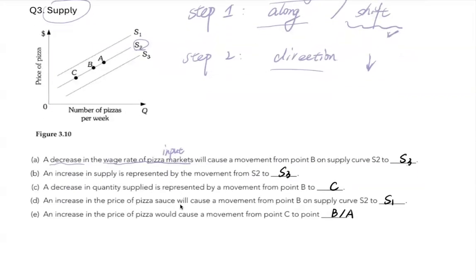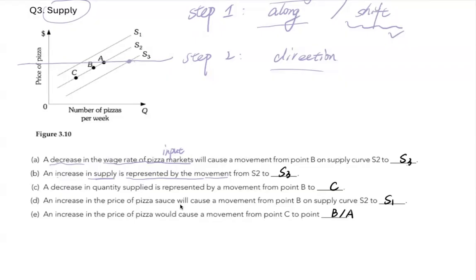So this is the answer. Similarly, the increase in supply represents the movement from S2 to what? It directly tells you this is an increase in supply, not in quantity supplied. So this is a shift. And then what's the direction? An increase in supply means that at the same price, the quantity supplied is larger than before.